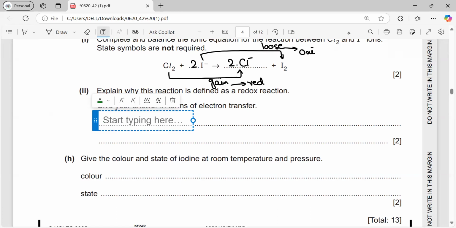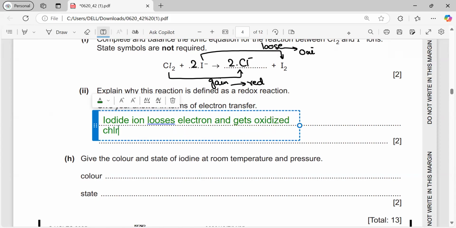The answer will be because the iodide ion loses electron and gets oxidized. Then chlorine atom gains electron and gets reduced.